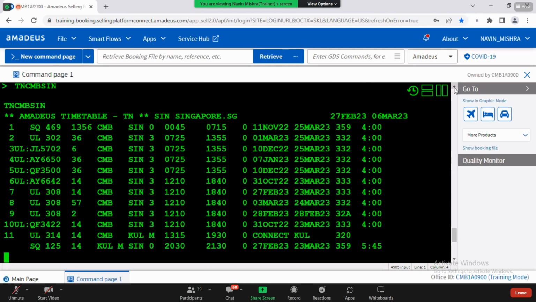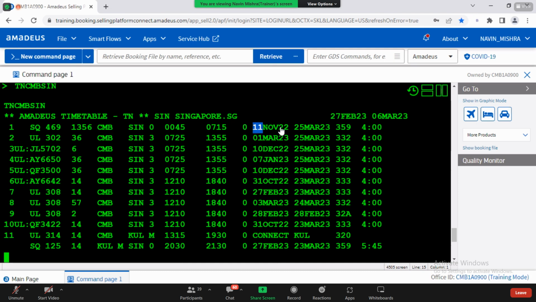Is that clear? So this flight is a non-stop flight. What does non-stop mean? It means the flight is departing from Colombo and directly reaching Singapore. In between Colombo and Singapore, there is no stopover. That is the reason it shows as a 0. All right.